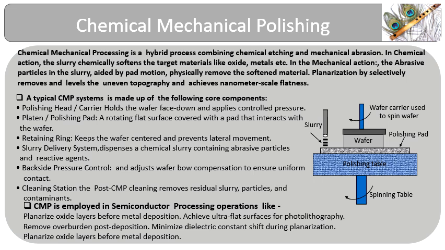The carrier head applies downward force, while the rotating pad ensures uniform material removal across the wafer. This results in the creation of a planarized surface, which is critical for subsequent lithography steps and multi-level interconnects. CMP is not just about removal, it's about precision leveling, defect control, and integration readiness.